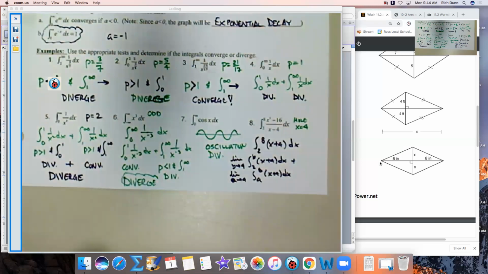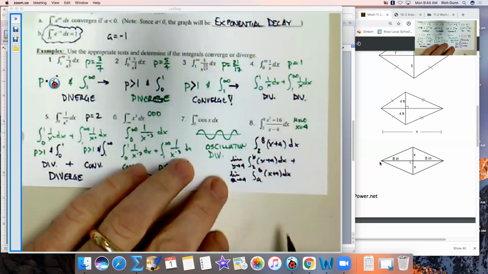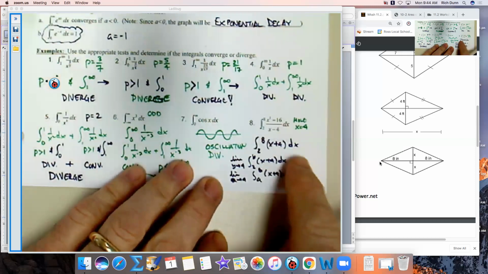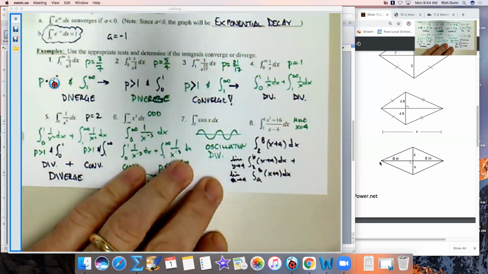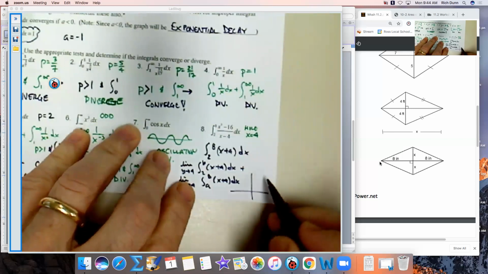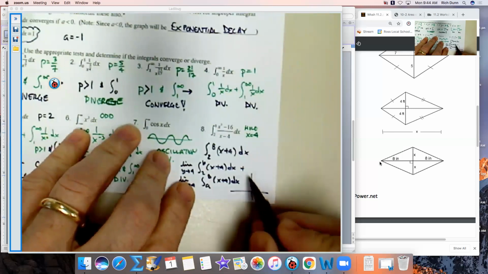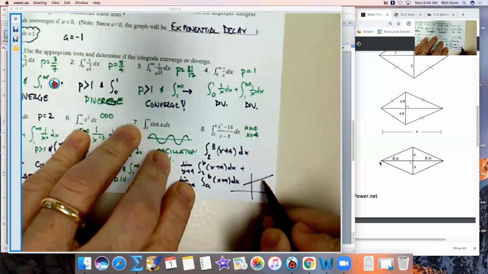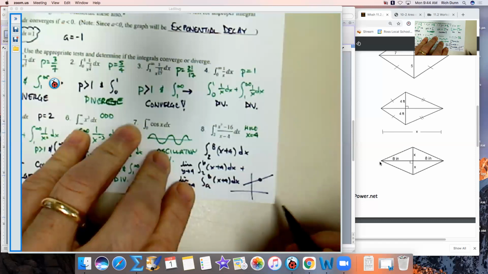Looks like I've run completely out of room here, but hopefully what you can see is this is just going to be a line. Probably didn't even need to go that far since we weren't asked to actually find the value of it, but we know that this would be a line that had a y-intercept of 4. We're doing the area underneath of that, and at 4 we have a hole.